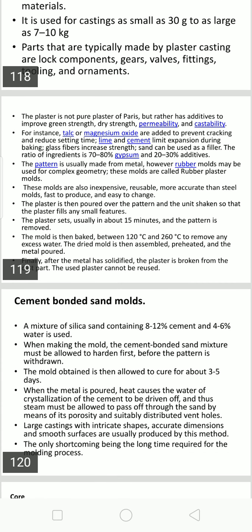The mold is then baked between 120 to 260 degrees centigrade. After completely filling, the mold is heated between 120 to 260 degrees centigrade in an oven to remove excess water content. Then the dried mold is assembled, preheated, and metal is poured, and the mold is ready. The molten metal is poured into the mold and allowed to solidify.